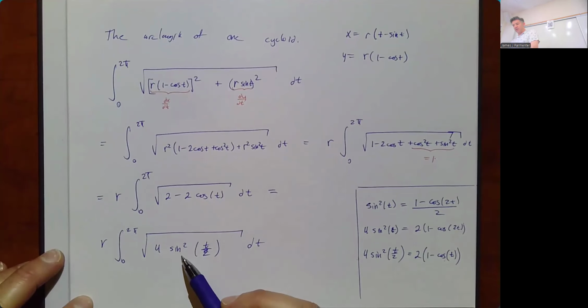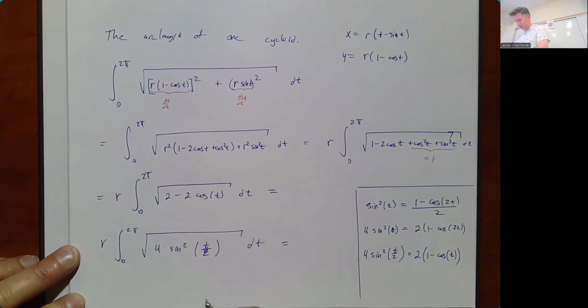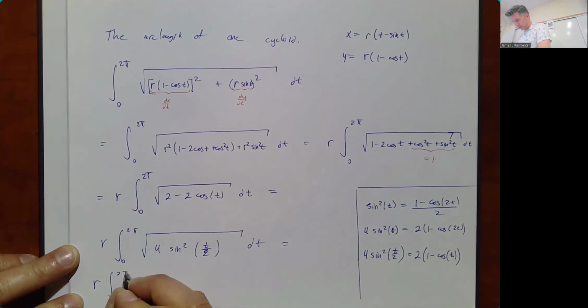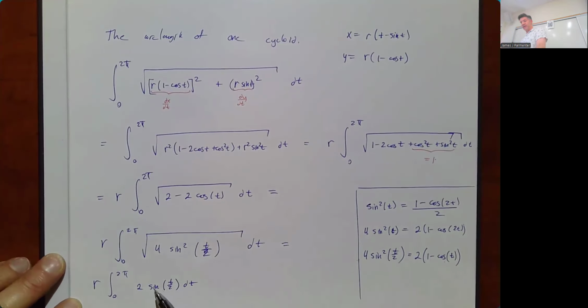The square root of sine squared is the absolute value of sine. So this is going to be the integral from 0 to 2 pi of 2 times sine of t over 2. We don't have to worry about the absolute value because sine of t over 2 is always positive from 0 to 2 pi, because t over 2 goes from 0 to pi, and sine is positive in quadrants 1 and 2.